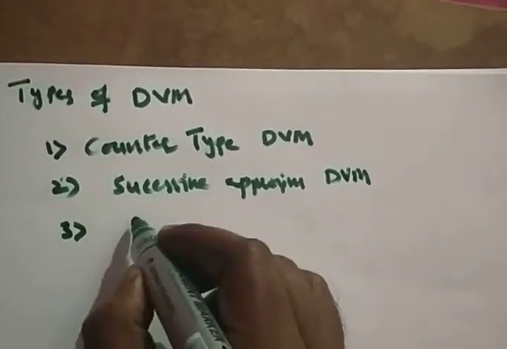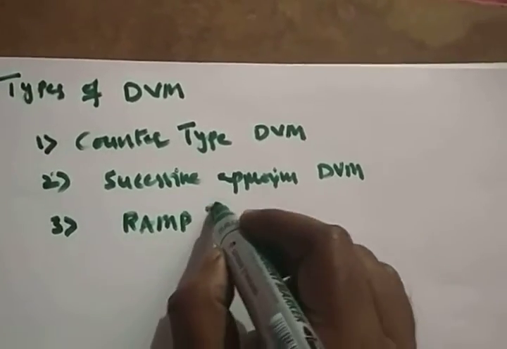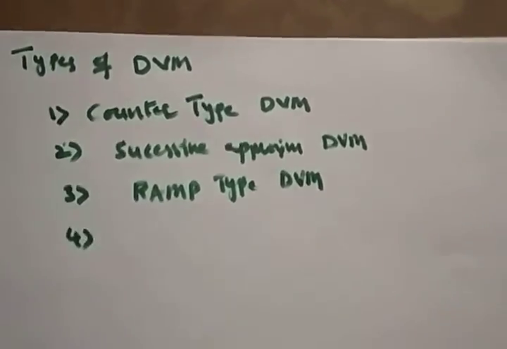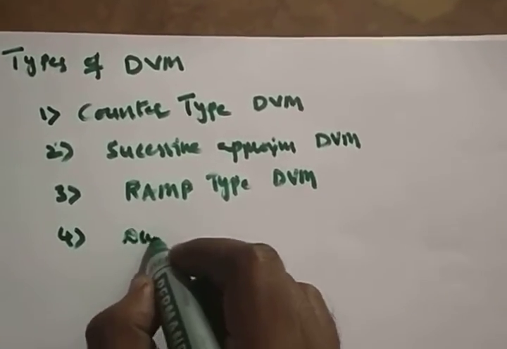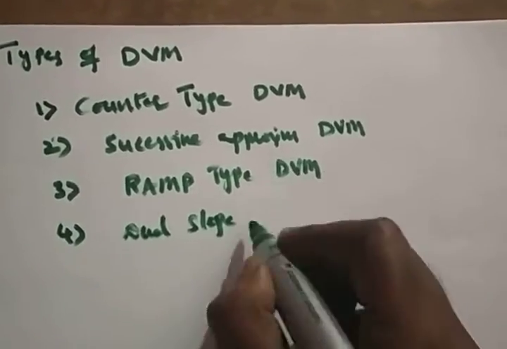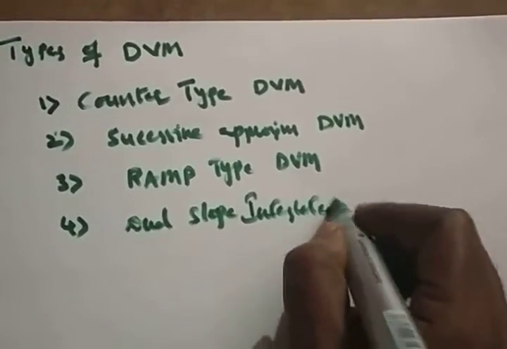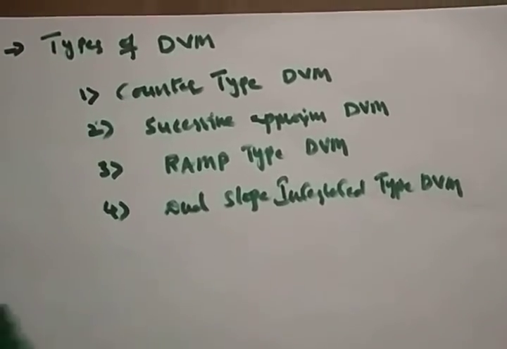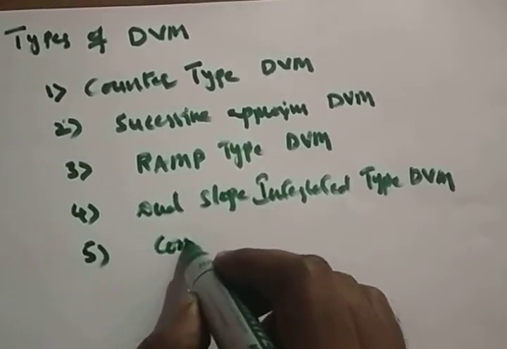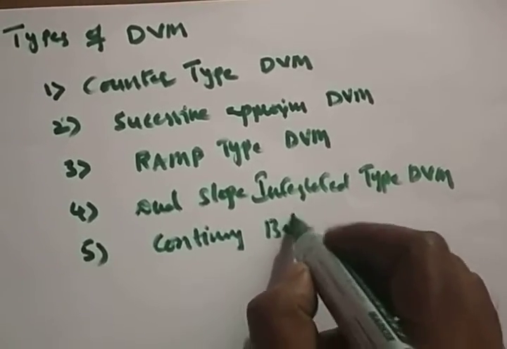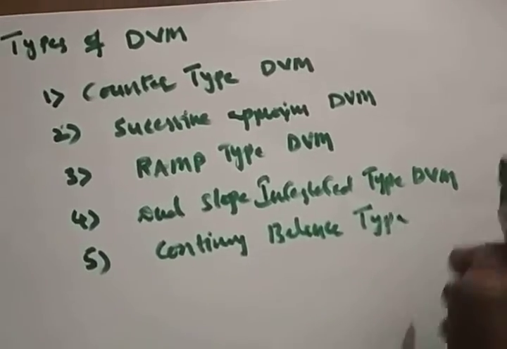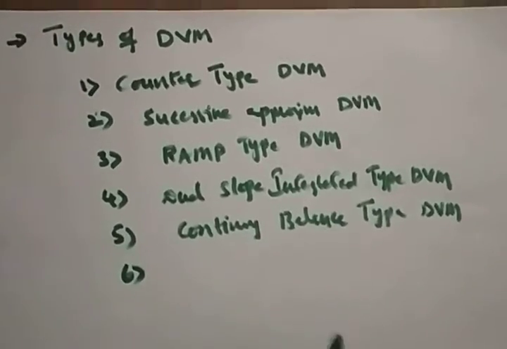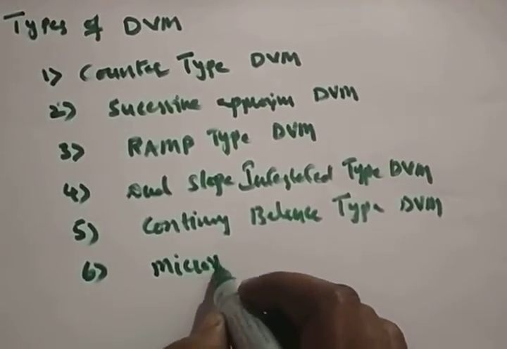Next, the third one is ramp type DVM, and the fourth one is dual slope integrated type DVM. And the fifth one is continuous balance type DVM. And the sixth one is microprocessor based DVM.